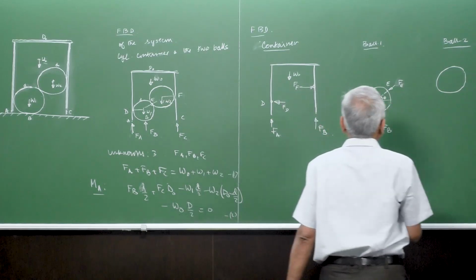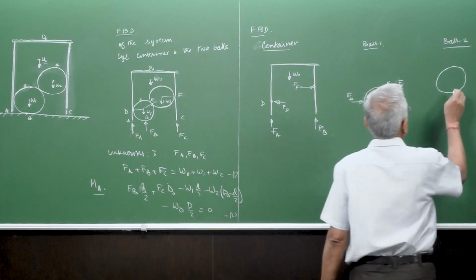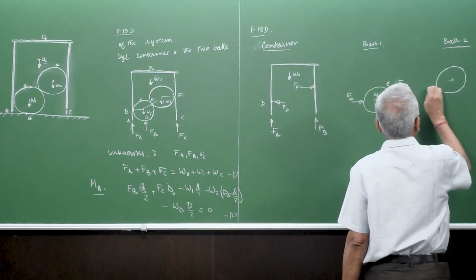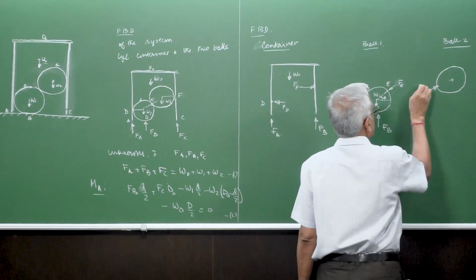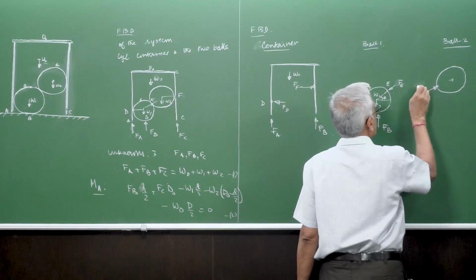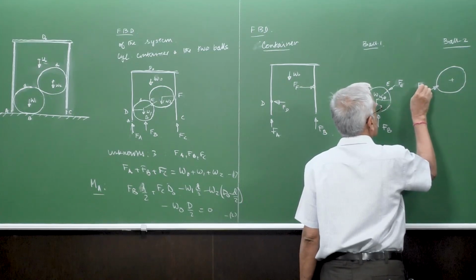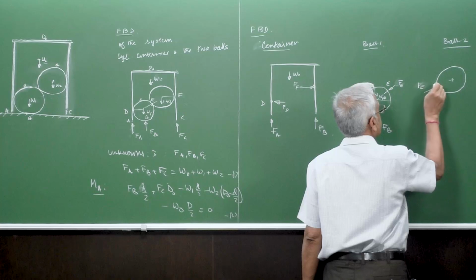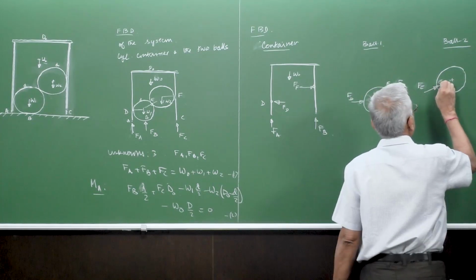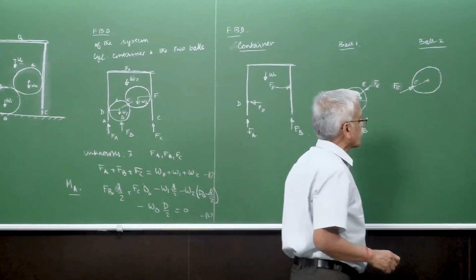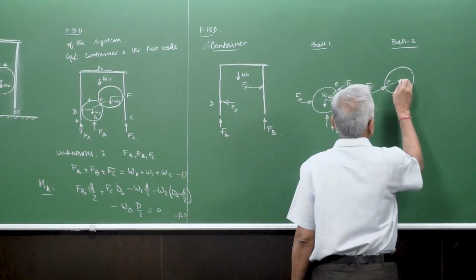So this is for the body 1 and ball 1. The same thing can be done here. This is at point E, and again going through the normal and going through the radial.